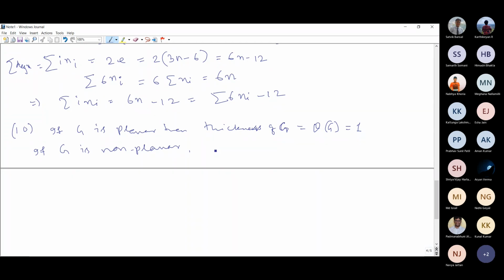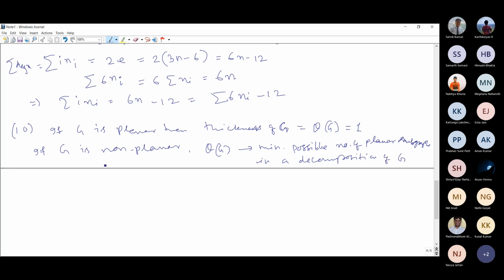That minimum possible number of planar subgraphs which decompose G is the thickness of G. Then theta G is that minimum possible number of planar subgraphs in a decomposition of G.